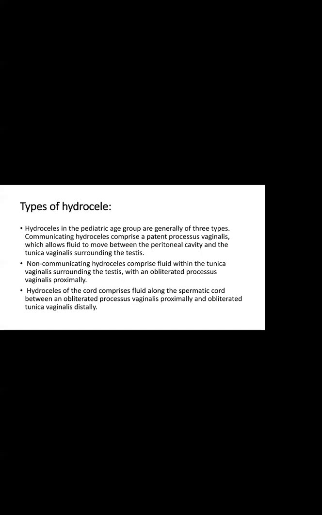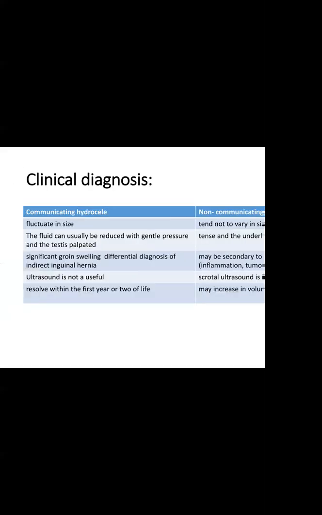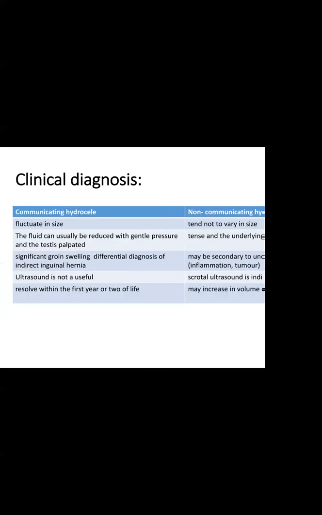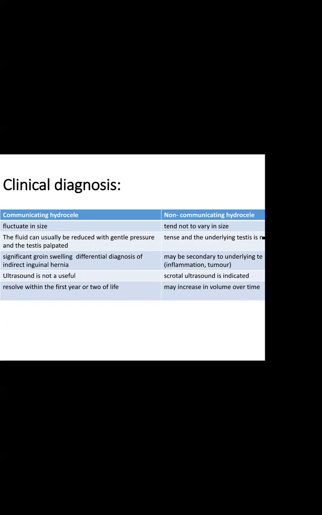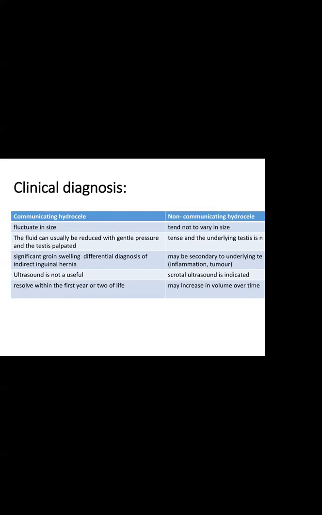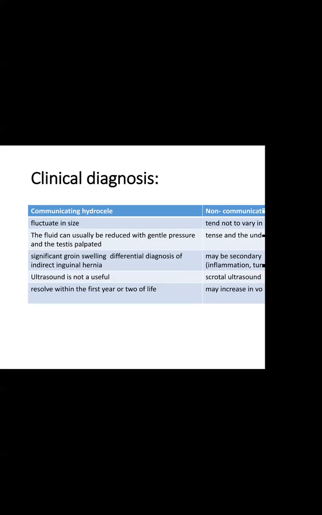As we already said, the types of hydrocele are communicating, non-communicating, and hydrocele of the cord. How do we differentiate between communicating and non-communicating hydrocele? Clinically, we can diagnose and differentiate between the two. I made this table. It's easy to differentiate, and it makes sense.